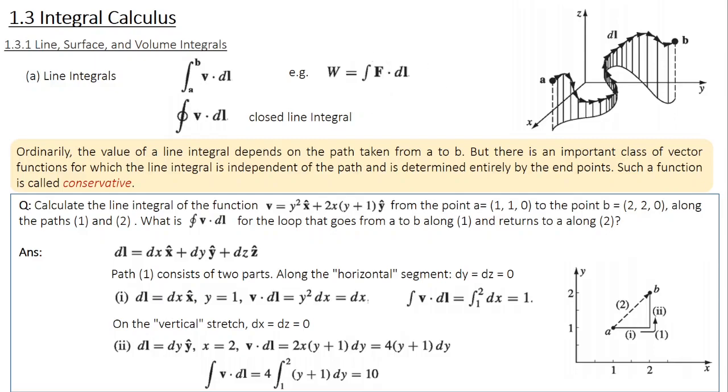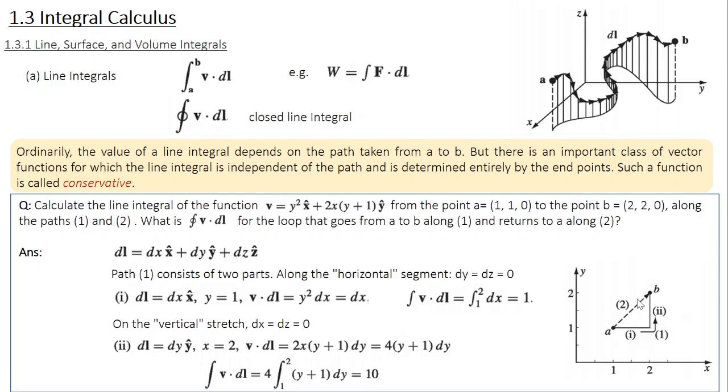Now let's do another problem. Calculate the line integral of the function v equals y² x cap plus (2x(y+1)) y cap from point A, the initial point (1, 1, 0), these are the x, y, z coordinates, to the point B (2, 2, 0), along path 1, which is this path, and along path 2.